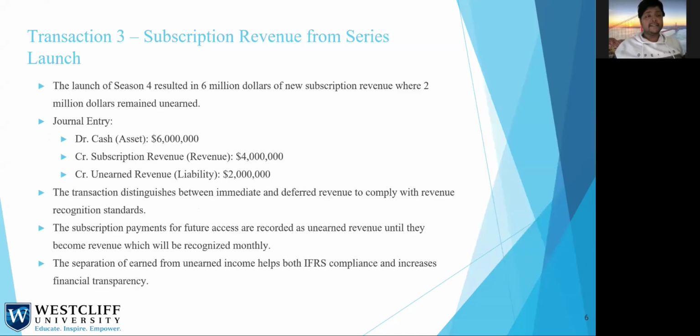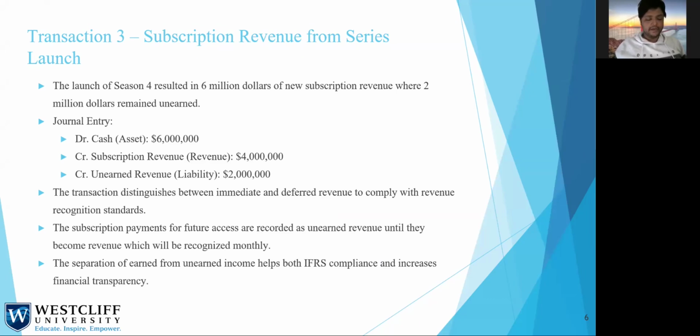The next slide is based on subscription revenue from the series. We will look at how Netflix recognized revenue from the increased subscriptions following the show release. Of the 6 million received, only 4 million is recognized as current revenue.